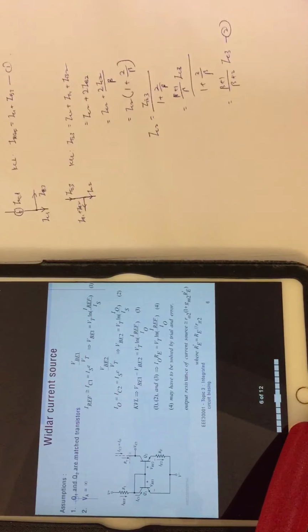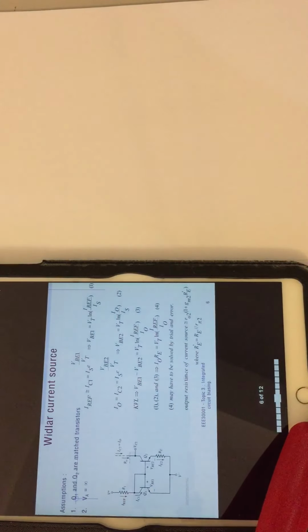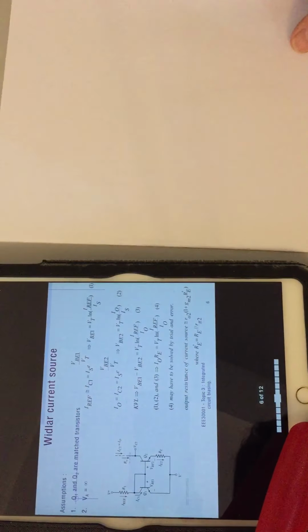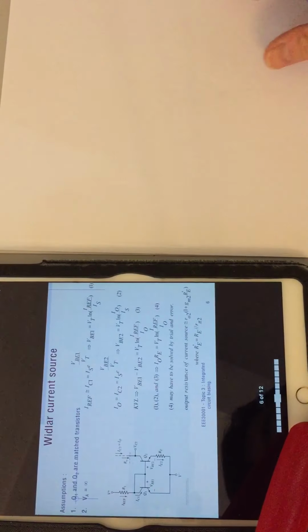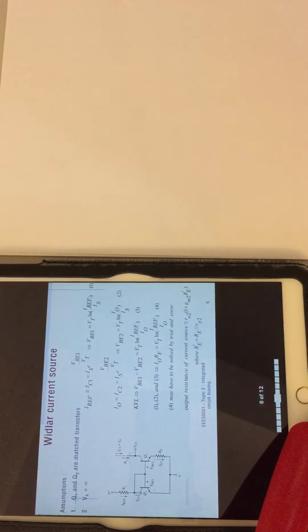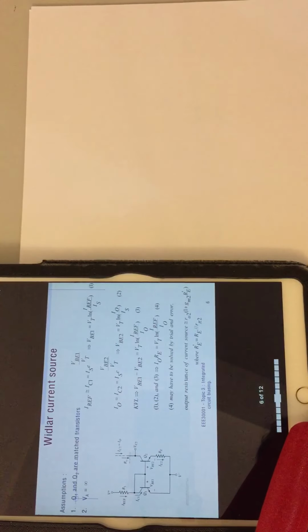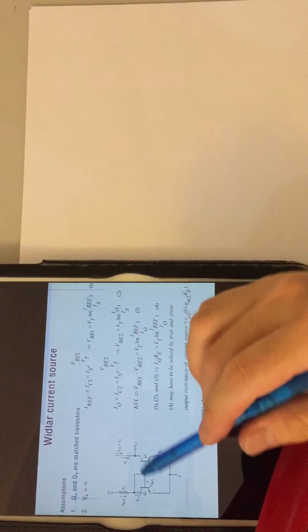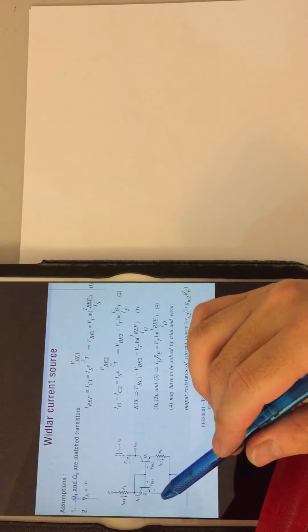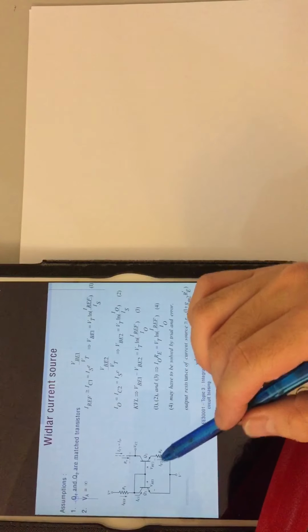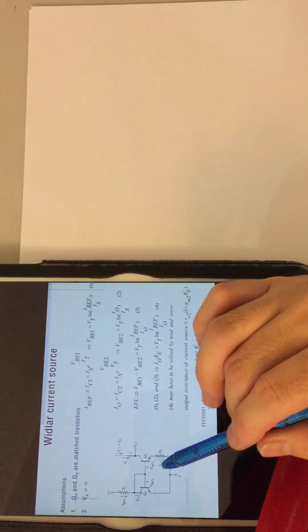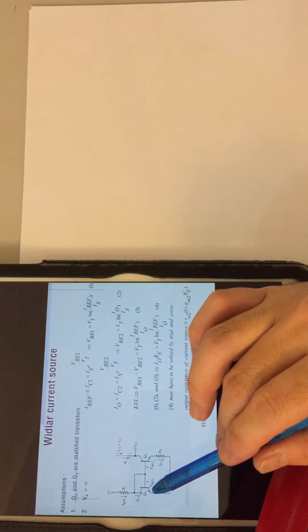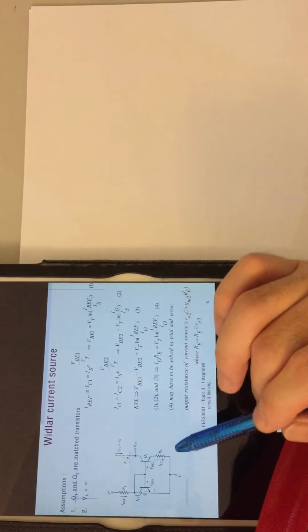So next we have a Widlar current source. For the Widlar current source, there are only 2 transistors in the circuit, and we have matched transistors Q1 and Q2. But in this case, VBE1 is not equal to VBE2, which means the current IC1 is not equal to IC2.